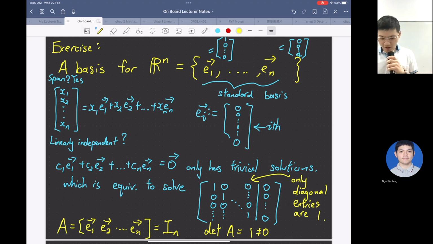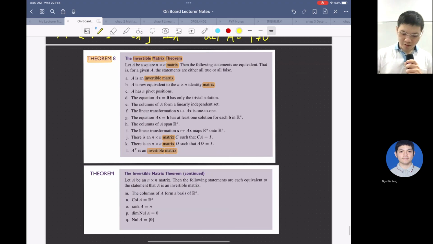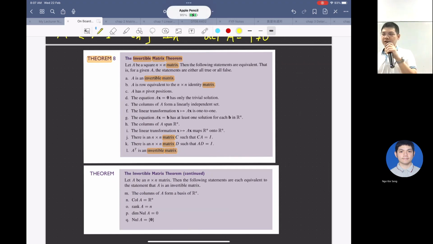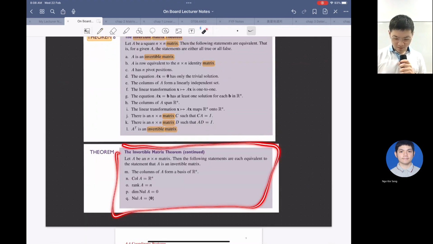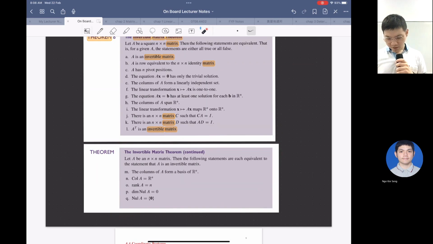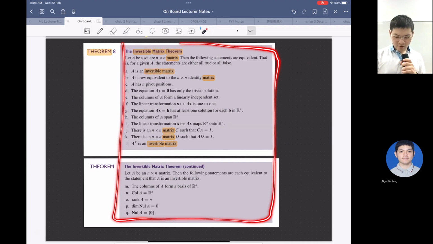Okay, so if you look in the book, there's an invertible matrix theorem we skipped in class. But I did mention the bottom part here in one of the lectures. I suggest you go and read this.